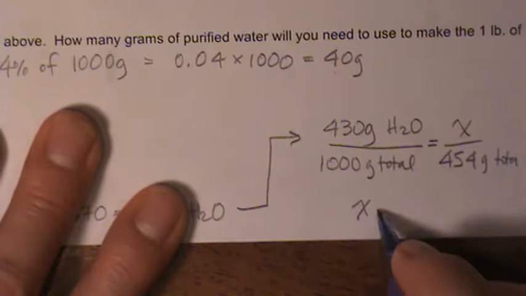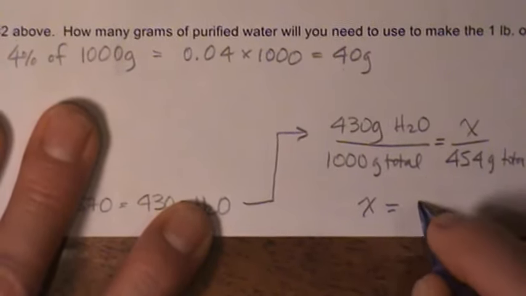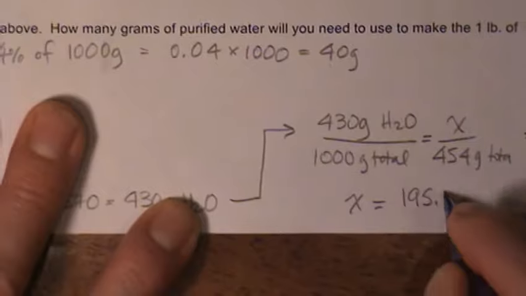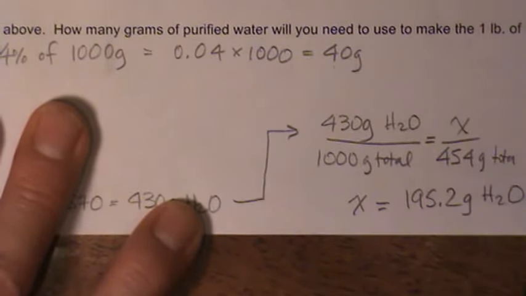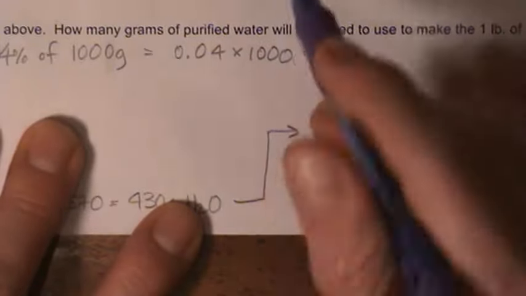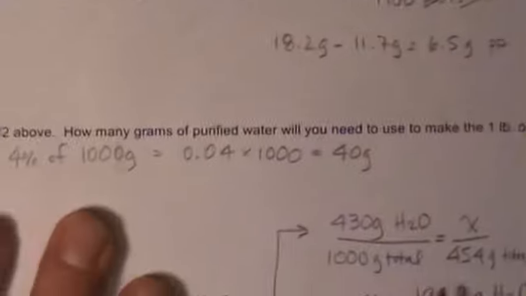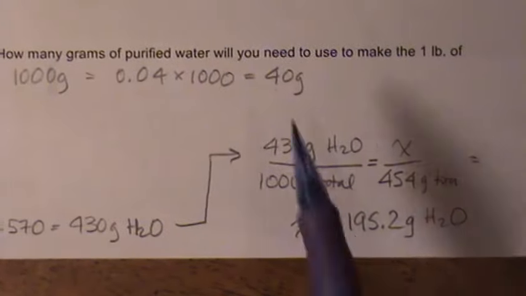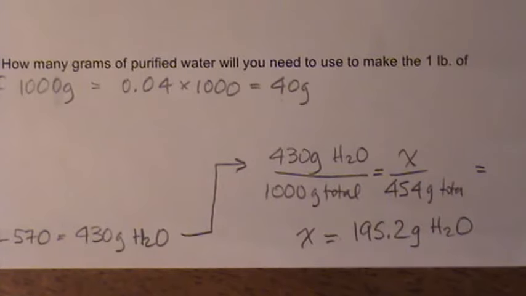In this case, X comes out to be 195.2 grams of water. So again, I just use that ratio proportion to get that final answer, comparing the 1,000 grams to the 454 grams. All right?